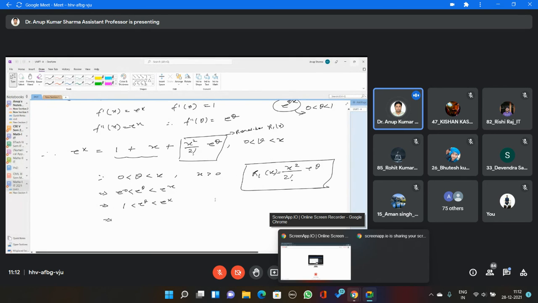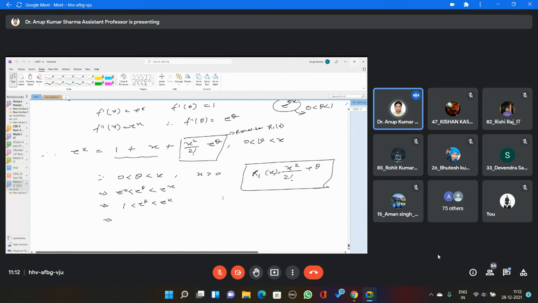First we multiply x square upon factorial 2 on all sides, to bring this relation: x square factorial 2 times e to the power theta, and this is x square factorial 2 times e to the power x.